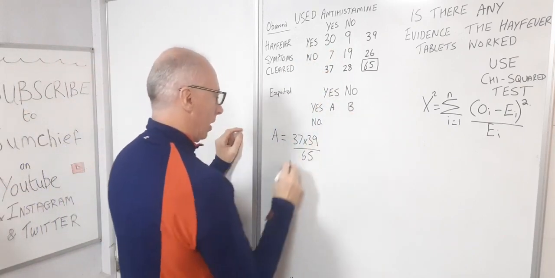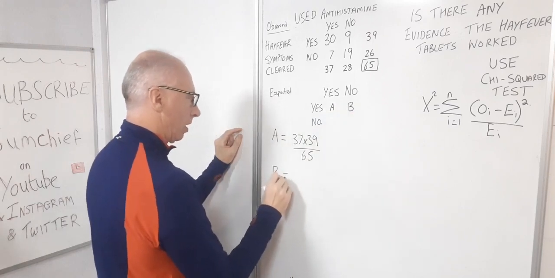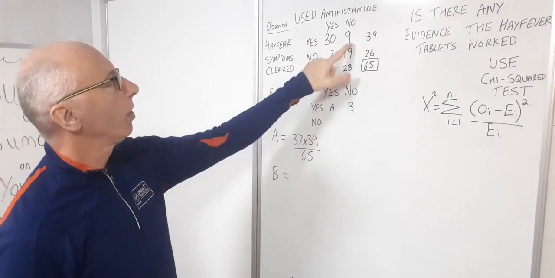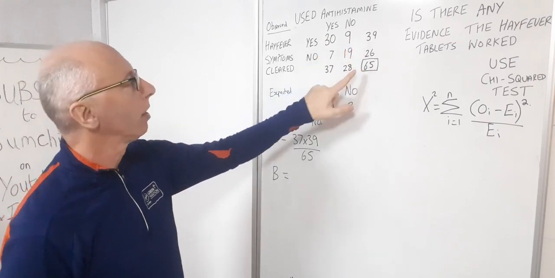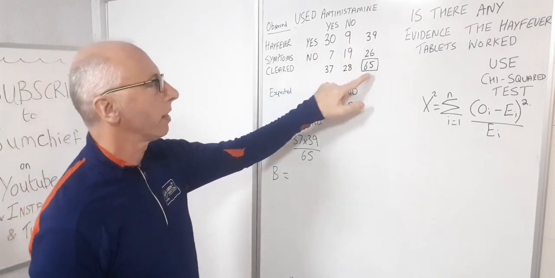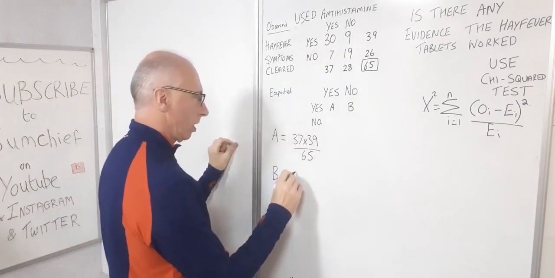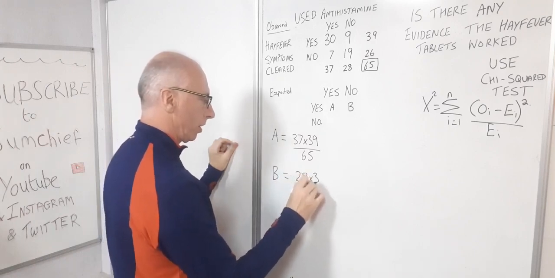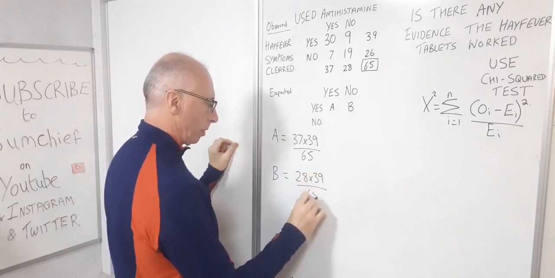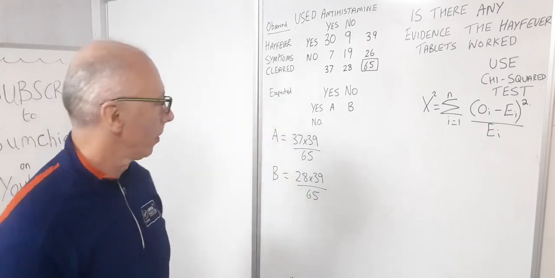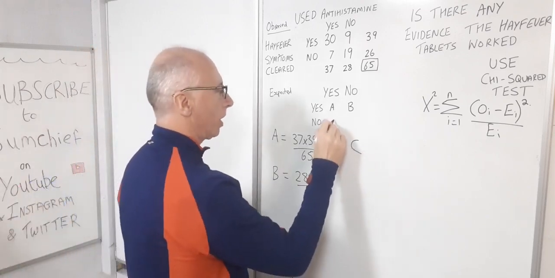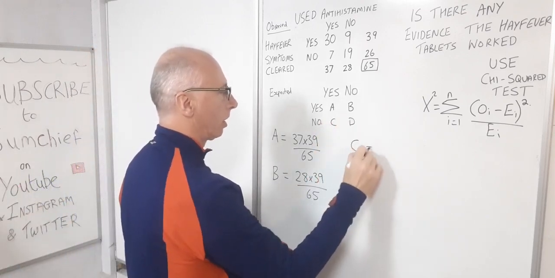Then for B, which is this one, we'll have the 39 again, but this time we'll multiply by the 28 and divide by 65. So we've got 28 times 39 divided by 65. Then for C, I'll write our D in here as well.